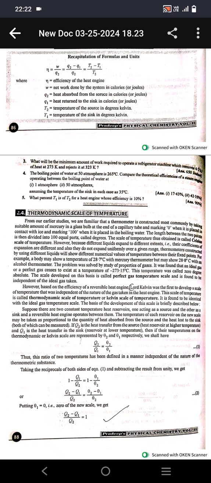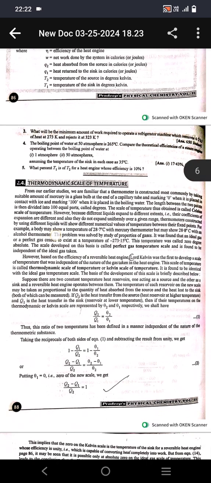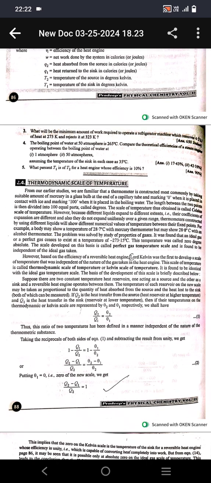Then if their temperatures on the thermodynamic or Kelvin scale are represented by Q2 and Q1 respectively, we shall have the ratio. Thus this ratio of two temperatures has been defined in a manner independent of the nature of the thermodynamic substance.